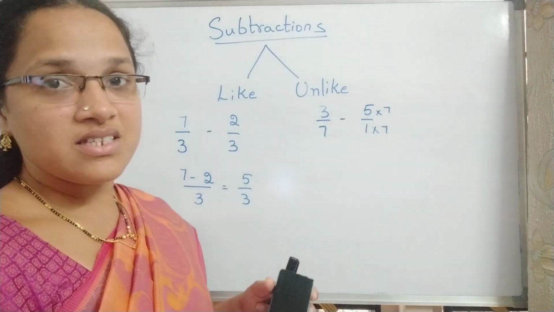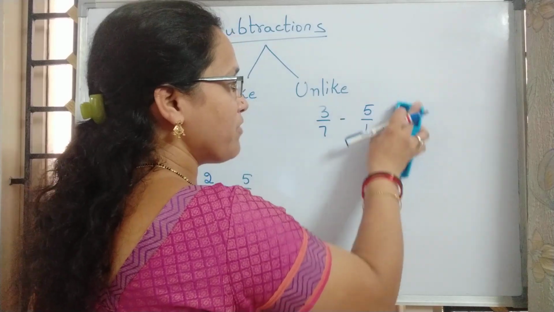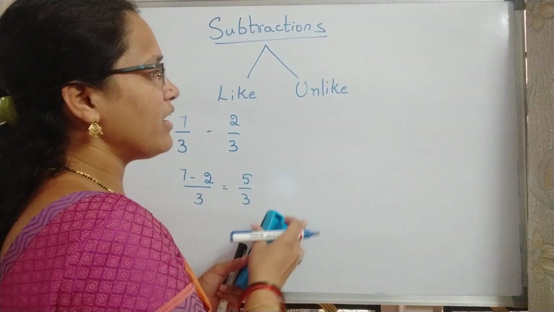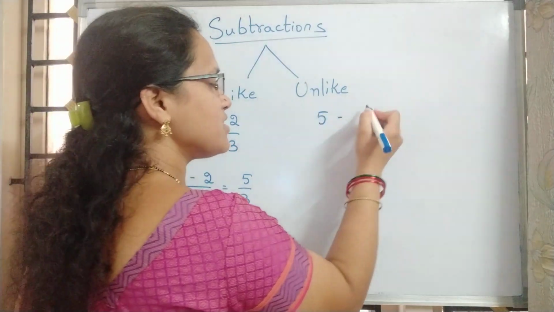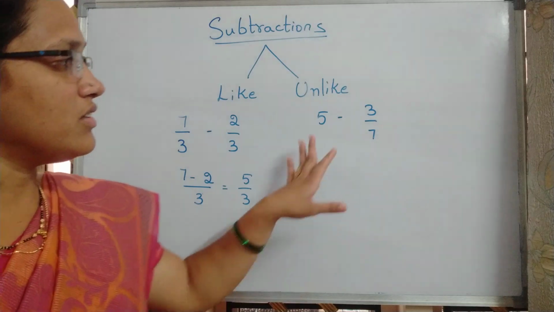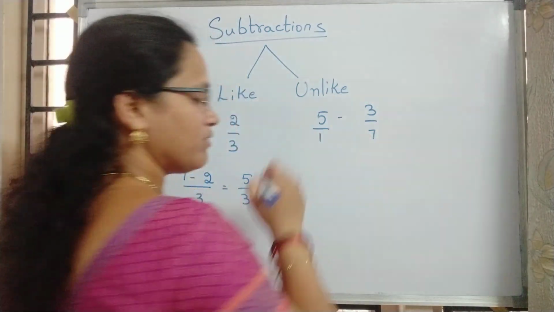You might wonder, when you have such sums, suppose we take a number like 5 minus 3 by 7. Let us take it this way: if the first number is a whole number, you write it as by 1.